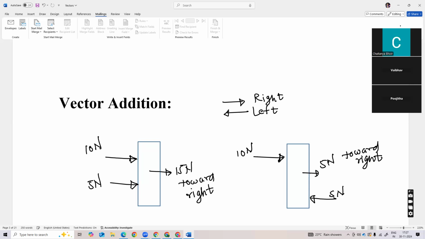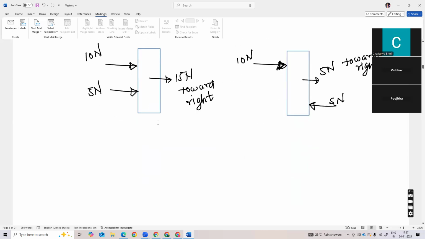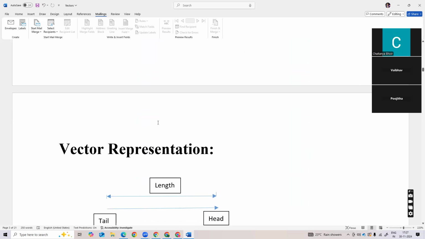Here the head of this arrow is showing the direction, since it is pointing towards right. Here the head of this force is pointing towards left. So here the direction of the vector plays a role in their addition, whereas in scalar quantities, it does not matter.